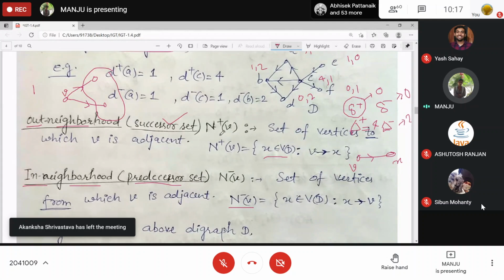N minus of V, this is N plus of V. Plus for out, minus for in.